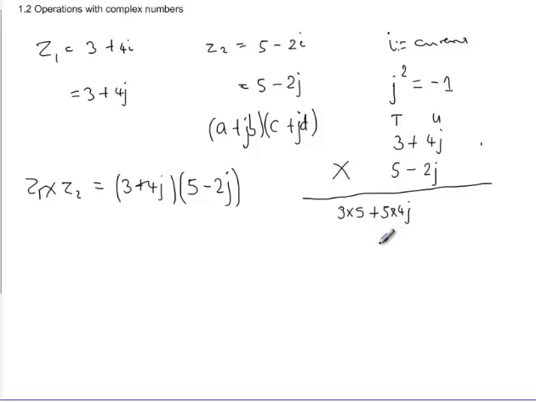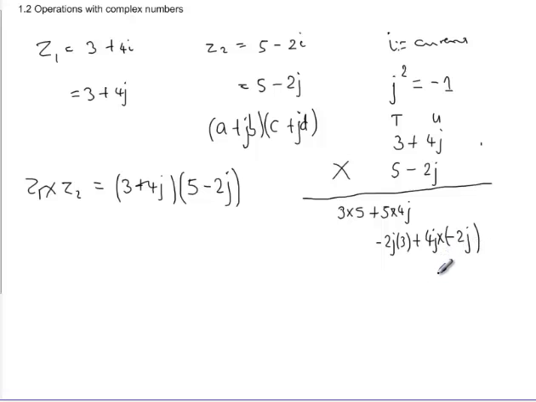I get minus 2j multiplied by 3. Units and units, I can get units. So then what I get there is plus 4j multiplied by minus 2j.